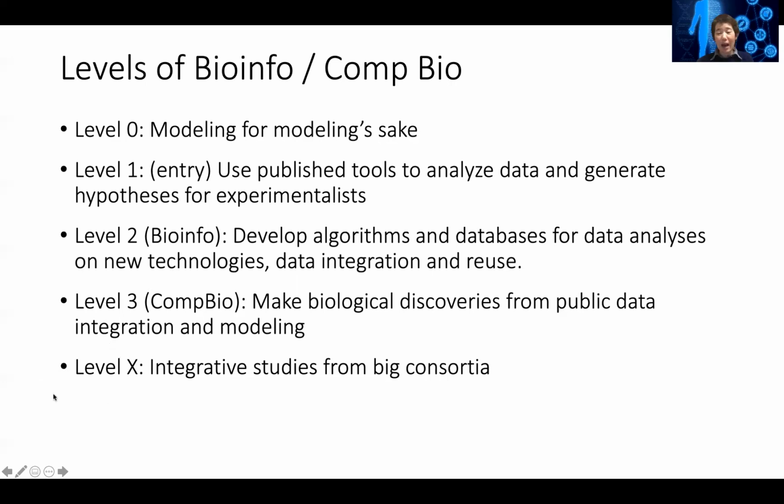And also, if you have an opportunity, participate in a consortium project to see how team science is done. These are all very useful endeavors from 1 to X.